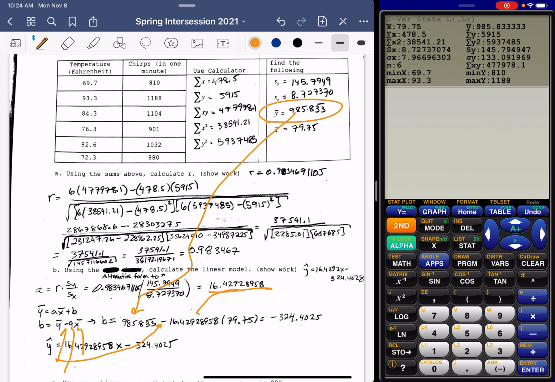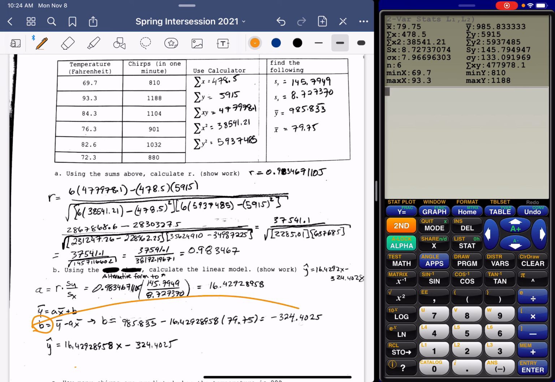And then x bar is over here. So we take the formula, we substitute, and we get these values here. That's a lot, isn't it? It sure is. And then we multiply, keep the subtraction, and then we subtract these, and we get this answer. What is that? This is b.